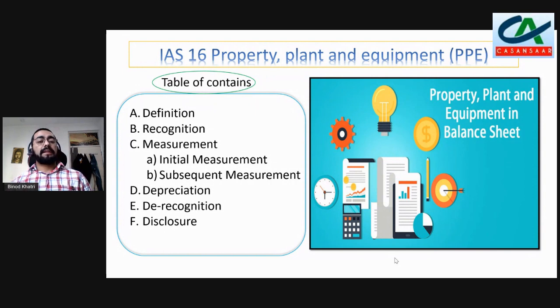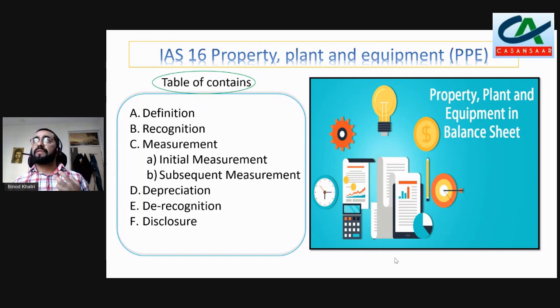Before IAS was implemented in India, there used to be two different accounting standards, one for depreciation and another for fixed assets. Accounting Standard 6 was for depreciation on fixed assets and intangible assets, and there was another, Accounting Standard 10, which was for fixed assets.